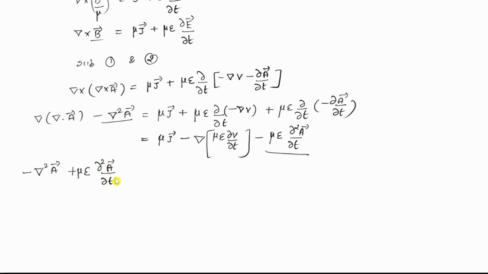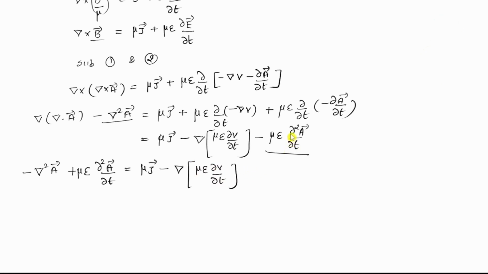So these are the two terms that have the power of 2. We can make the remaining terms go to the right side, so that is mu J vector and minus del of mu epsilon dou V by dou T.